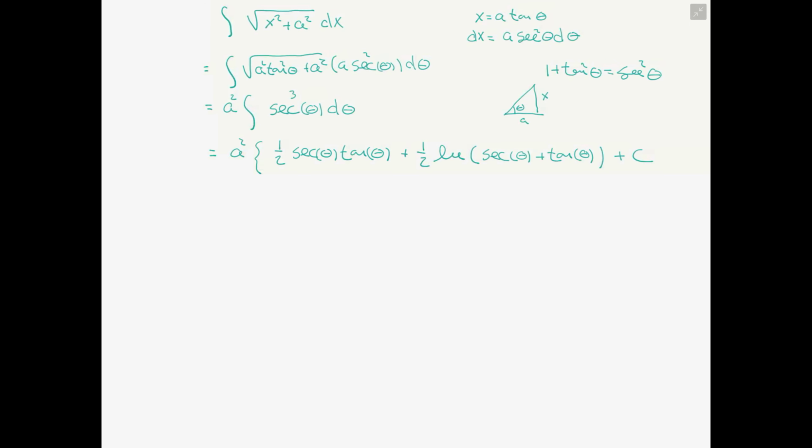And going back to our original variable, we have our trusty right triangle. We have x over a, and we have x squared plus a squared.